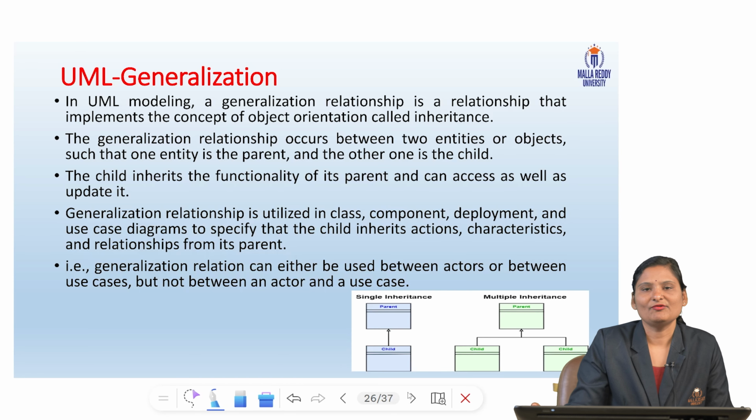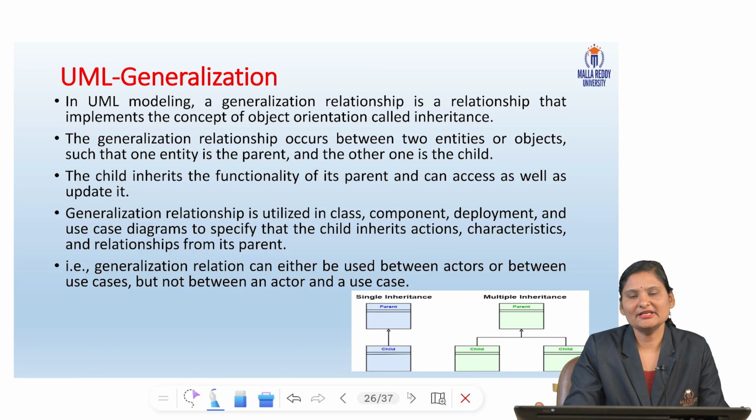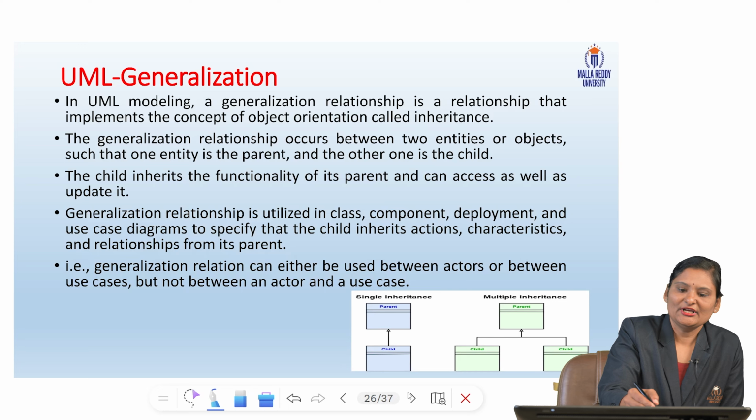That means one subclass can inherit the properties of its parent class, so it can have its own properties and also inherited properties from the parent. Whenever we want to show this kind of relationship between a child class and parent class, we mostly use generalization.